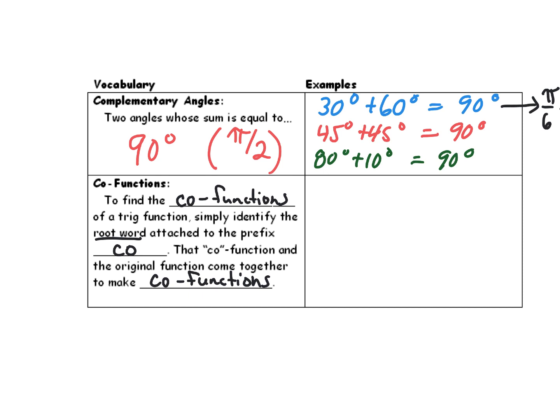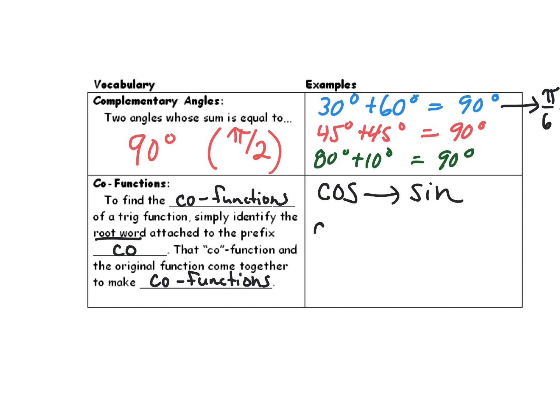Well, if you wanted to identify the cofunction for cosine, for instance, you just take off the co. So the cofunction for cosine is just sine. So there's this relationship that we're going to explore today between cosine and sine.